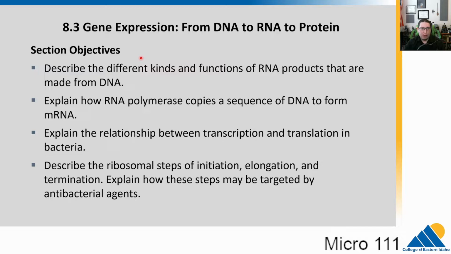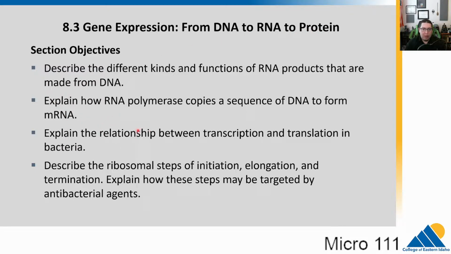So chapter 8.3 is all about gene expression. So we take the information from the DNA, we're going to convert it into RNA, which is an intermediate, and then that's going to get translated into a protein. We will talk briefly about the different kinds and functions of RNA. Not too much, that's more of a cell biology thing, but there are different types of RNA. We'll mainly talk about mRNA, which is the intermediate from DNA to mRNA to protein.